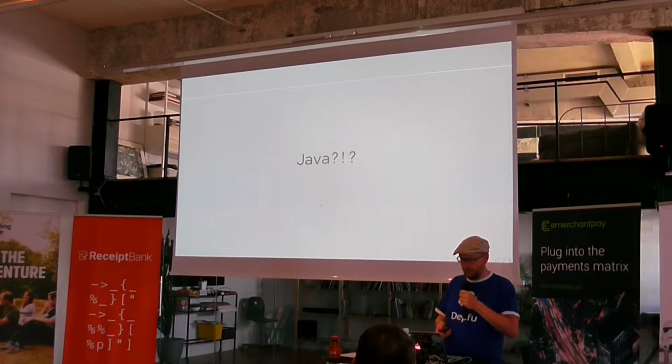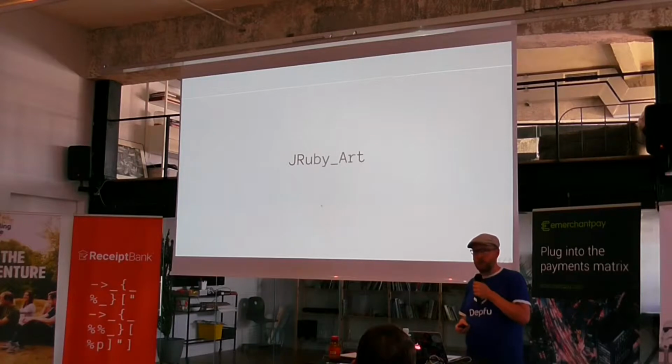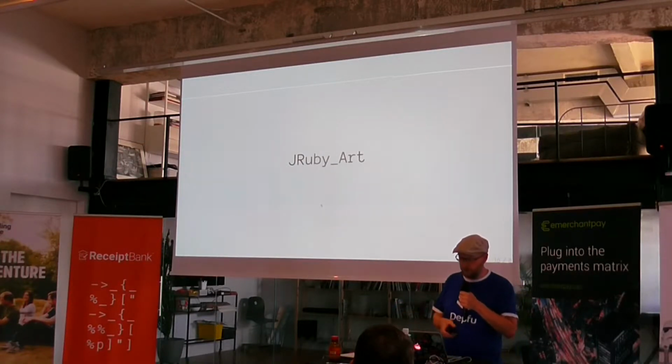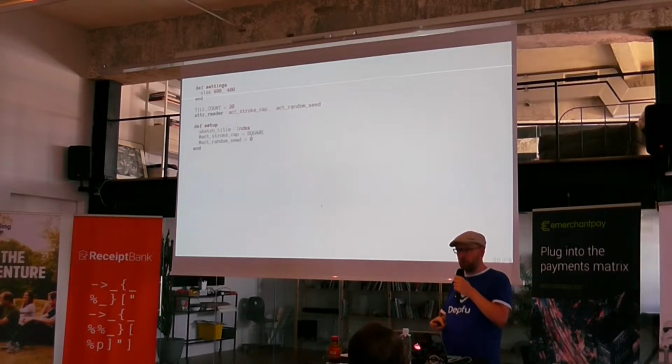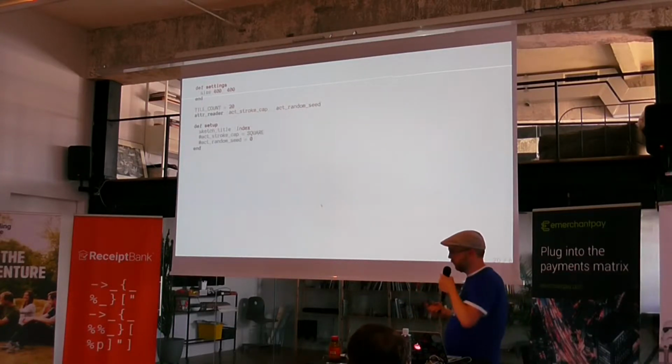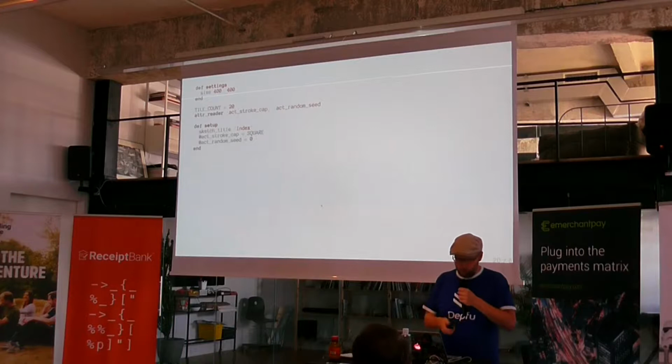So there's this thing called JRubyArt, which is one of the predecessors of a thing called Ruby-Processing, currently maintained by a guy called Martin Prout, and it's pretty cool. It allows you to do basically the same thing you can do in Processing, but with very beautiful Ruby code.